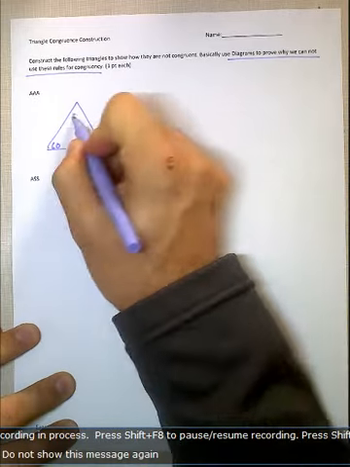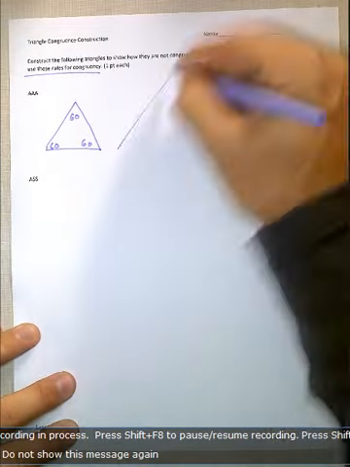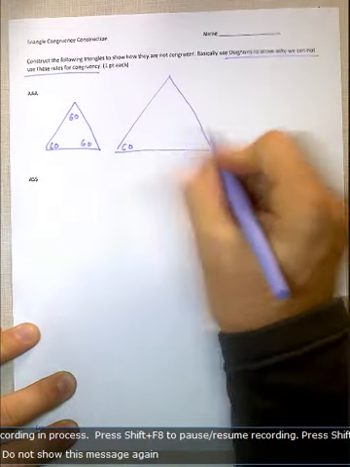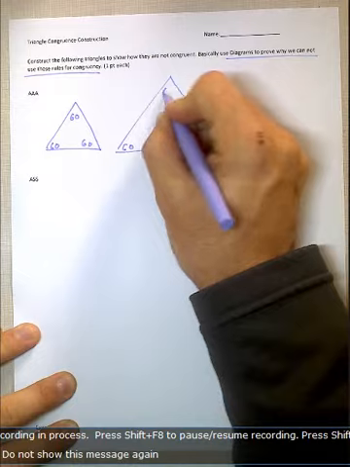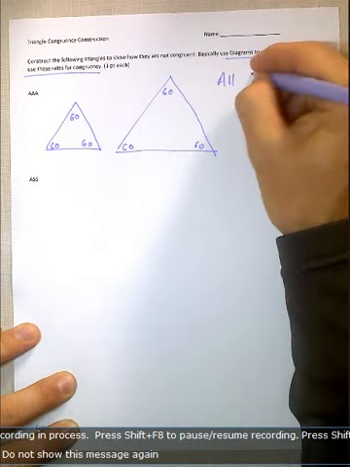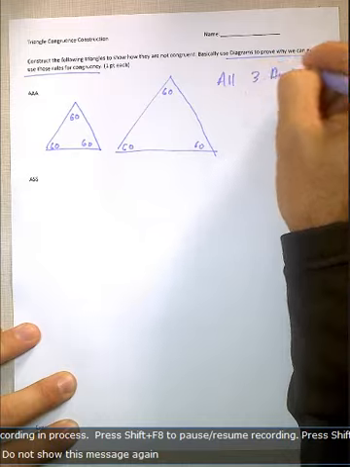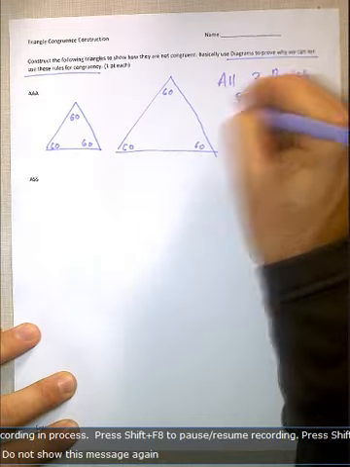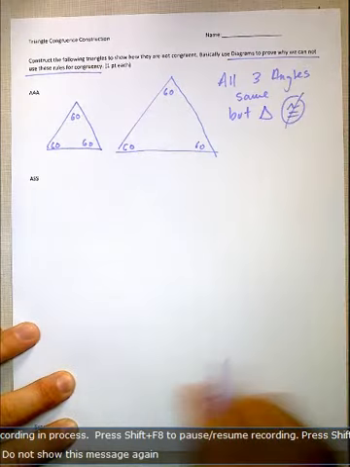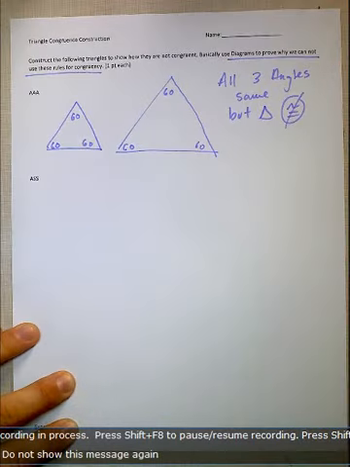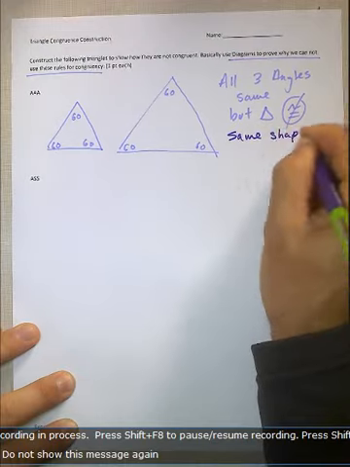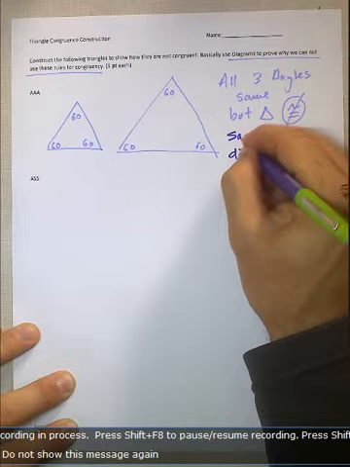Some students used different angles, but here I have another 60, 60, 60, and I have all three angles the same, but the triangles were not congruent. This was the idea that we had the same shape but different size.